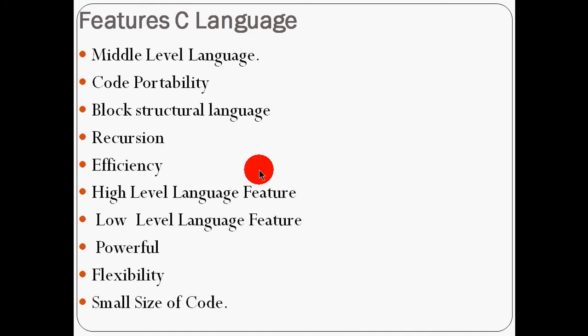After that, code portability. Code portability means that C is machine independent. It means that we can create one particular code. As I consider, there are a number of functions available.